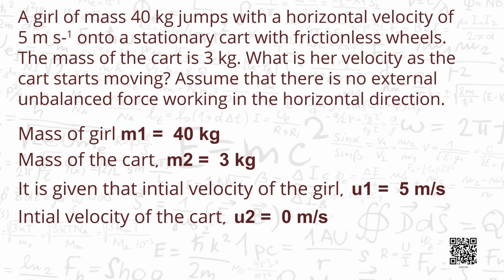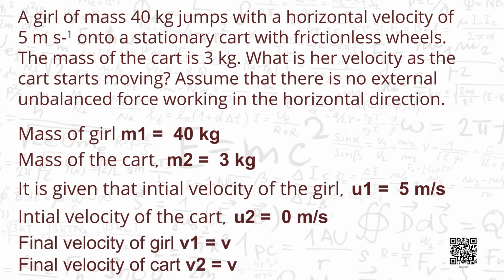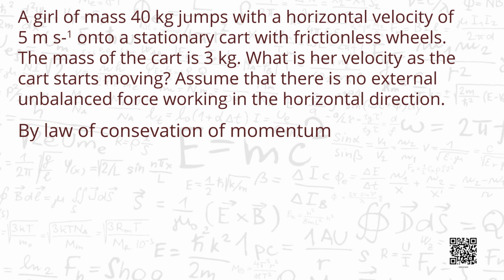Now the girl is on the cart after jumping, so both of them will have the same velocity. So the final velocity of the girl v1 is equal to v, and the final velocity of the cart v2 is also v. By the law of conservation of momentum, we know m1 u1 plus m2 u2 is equal to m1 v1 plus m2 v2.